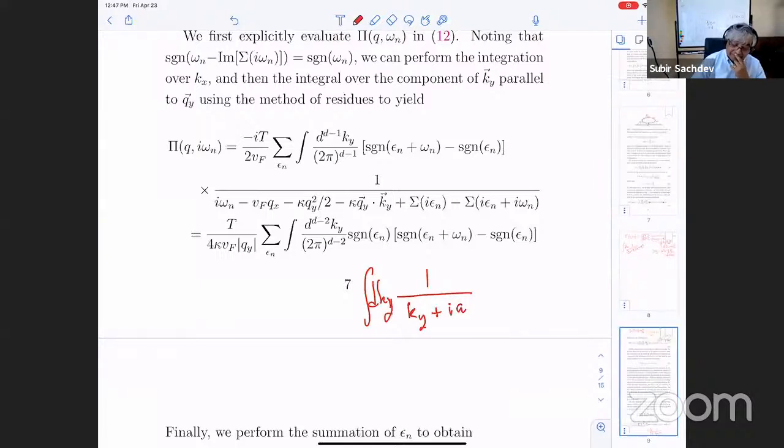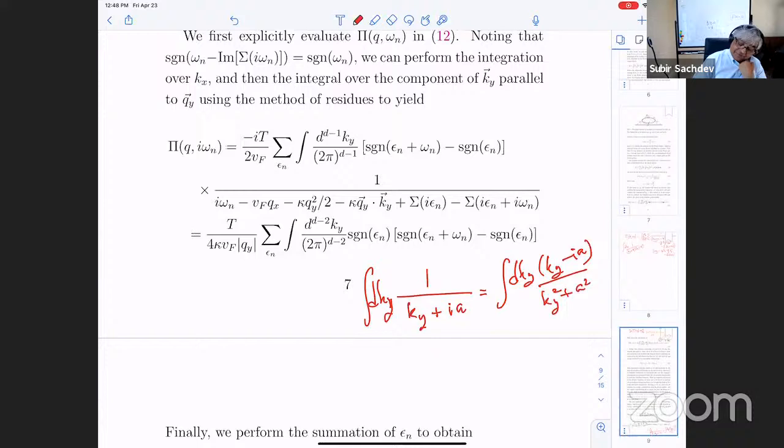Well, what is that equal to? That integral is not really well defined. But if I'm only interested in the imaginary part, it's perfectly sensible. It's just equal to the integral dky times ky minus ia over ky squared plus a squared.